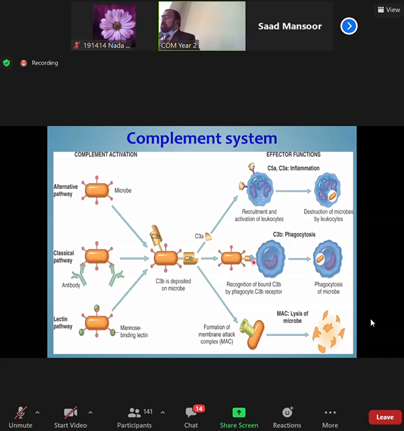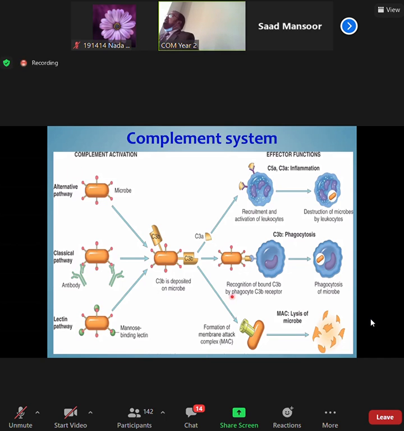The function of this opsonin is to attract cells, neutrophils or macrophages, to eat this microorganism, bacillus, and they eat it and kill this bacteria. So this is one of the strong opsonins of the complement system.